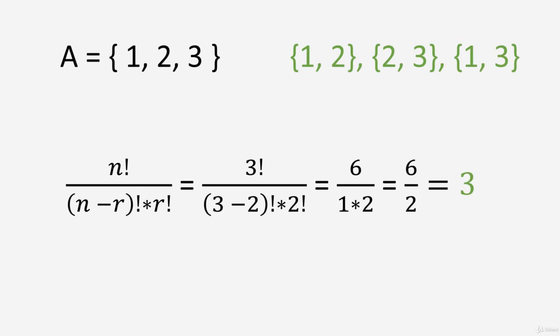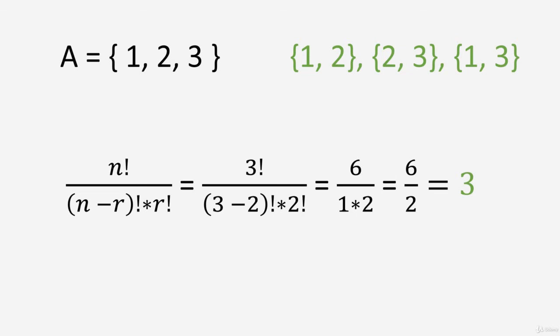Now we have all we need to compute this formula. On top will be factorial of 3, and we will divide that by factorial of n minus r, and that is 1, and then multiply it by factorial of r, so factorial of 2.